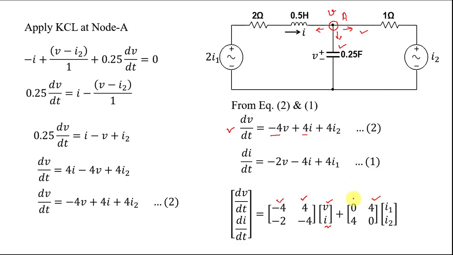There is no I1 in equation number 2. Then di/dt equals minus 2V minus 4I plus 4I1. There is no I2 in it. So this is your correct answer, and option A is correct.